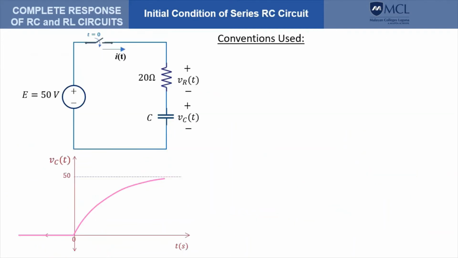For a series RC circuit where we're trying to get the voltage V sub C across the capacitor, we can use the following conventions to show the initial conditions of the voltage. For the voltage across the capacitor just before t equals 0, we can write V sub C at 0 with a minus symbol on the upper right of the 0.